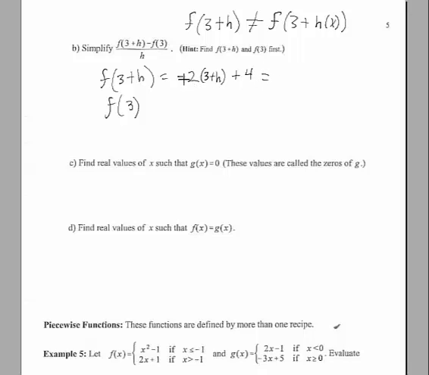If I distribute my negative 2 throughout my parentheses, I would get a negative 6, negative 2 times 3, and negative 2 times the h is a negative 2h. And then I just pick up my 4 on the outside. With this expression I can combine like terms. A negative 6 plus a 4 would give me a minus 2.